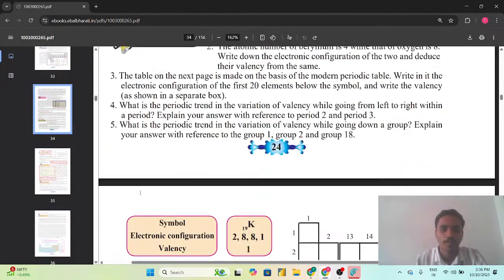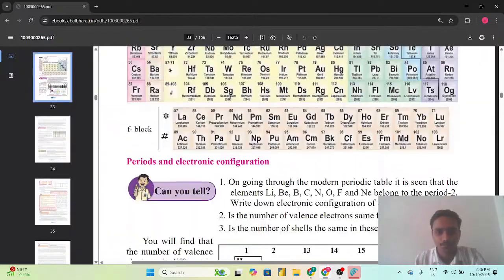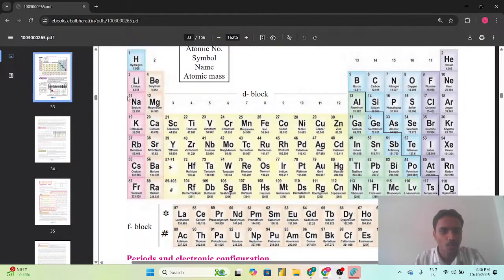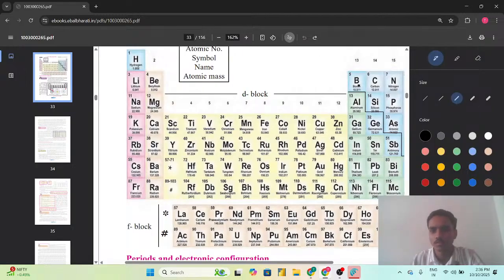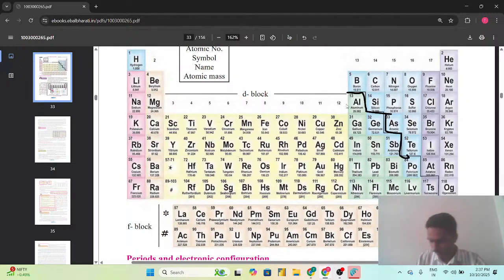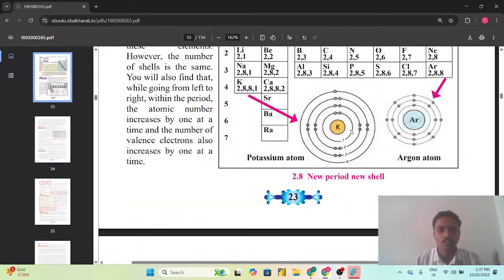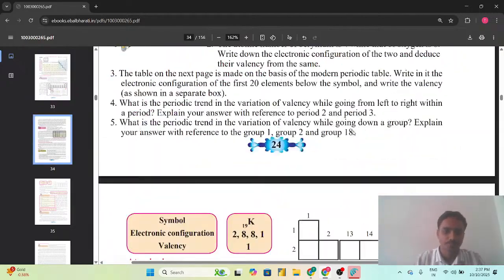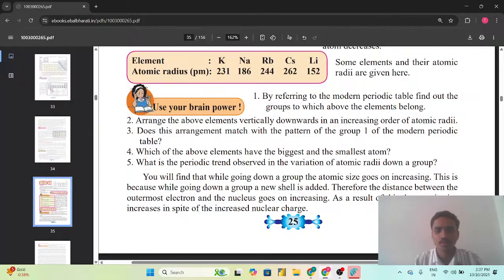In the periodic table, we have seen that along the zigzag line there is the presence of the metalloid elements, and on the left hand side there are the metals, and on the right hand side there are the non-metals, as we have seen in the structure of the modern periodic table. So what next?